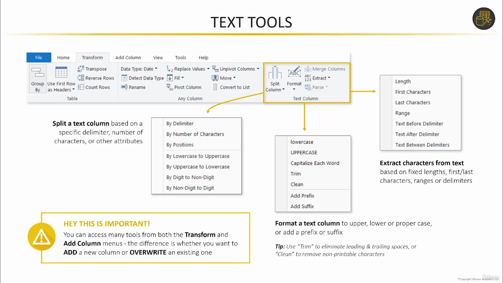And what I was noticing was that the same tools, in fact, the same identical sets of tools, kept popping up in different places. And for the longest time, I just thought that this was really confusing and redundant, until I realized that the outcome is completely different depending on where you select the tool. So when you select a tool from within the Transform tab, you're essentially modifying or overriding the column that you've selected.